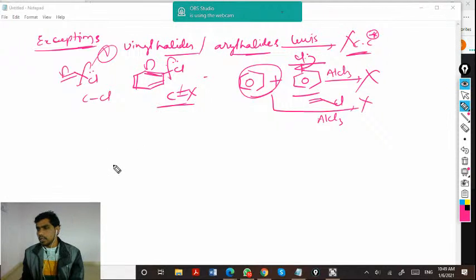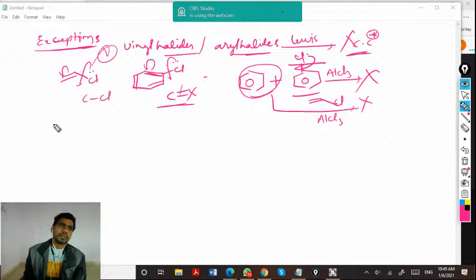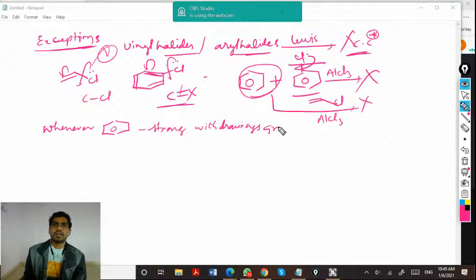In the second exception, whenever we have benzene with strong withdrawing groups, what is going to happen?